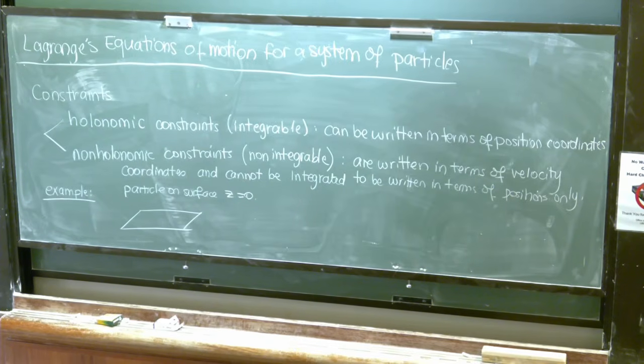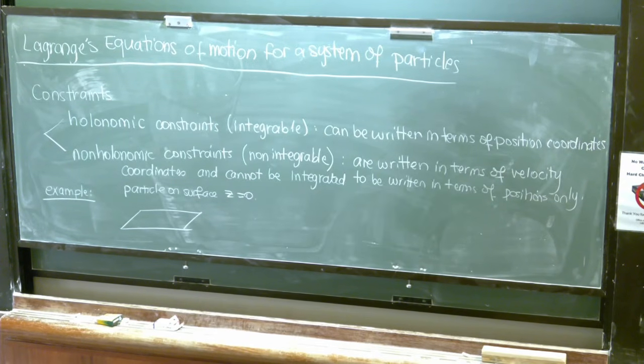Before that, I want to differentiate between two types of constraints, holonomic and non-holonomic. A holonomic constraint can be written in terms of position coordinates only, whereas non-holonomic constraints cannot. So for example, if we have a particle that is constrained to move in the horizontal plane z equals 0, is that constraint holonomic or non-holonomic? Holonomic. Why? Exactly. z equals 0 is a position coordinate.